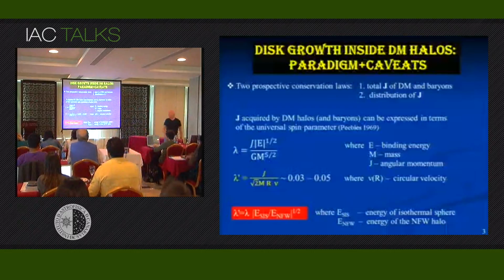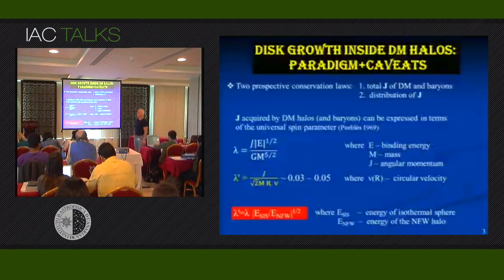When we talk about angular momentum, there are two prospective conservation laws. One is the total angular momentum of dark matter and baryons, and the second one is the distribution of the angular momentum, say, with the mass.